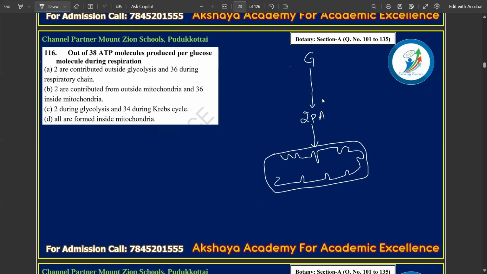One is the Krebs cycle, and the other is the electron transport chain coupled with oxidative phosphorylation. Here, in glycolysis to pyruvic acid conversion, there is an input or investment of 2 ATP, and a harvest of 4 ATP. Out of 4 ATP, 2 will be invested again, and 2 will be our gain.